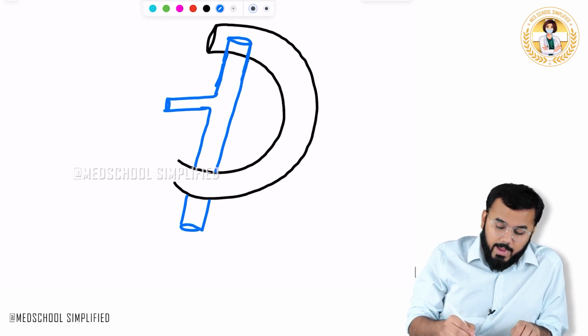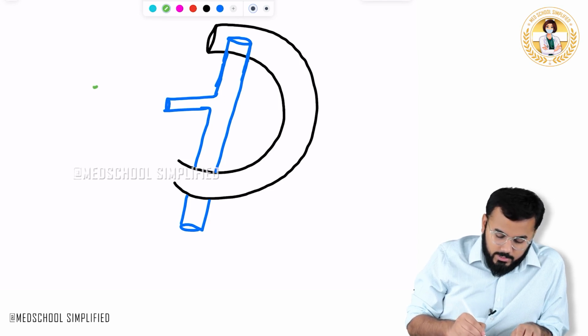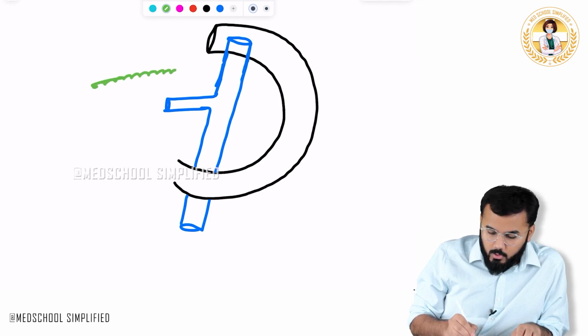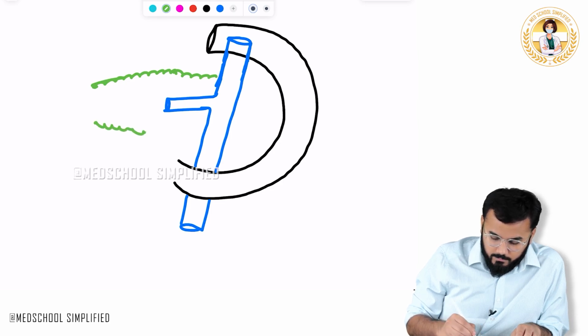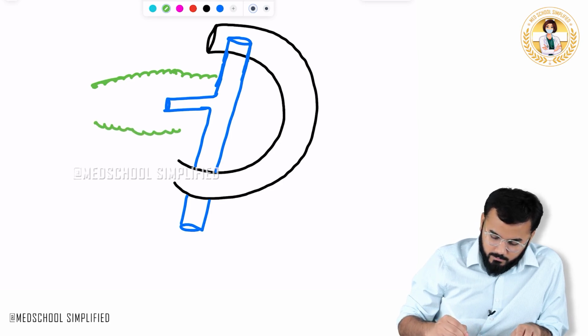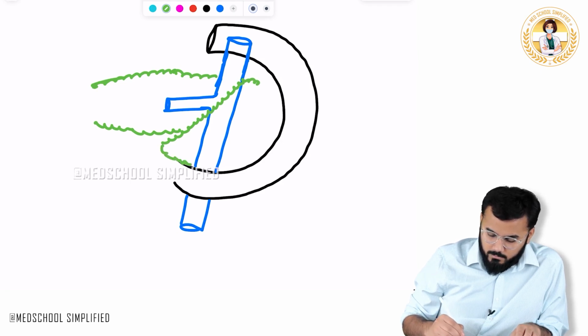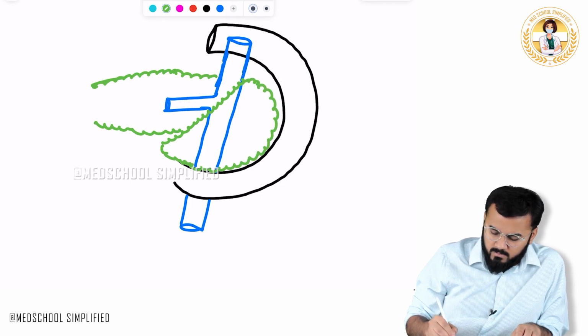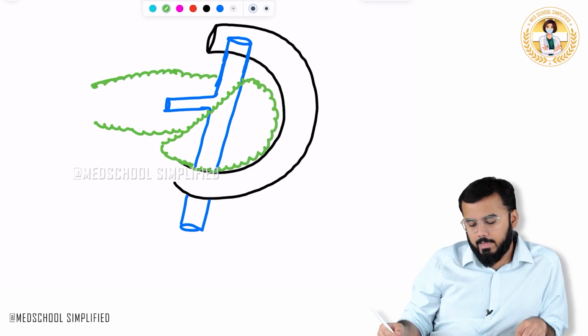Now where is the pancreas over here? This is the pancreas. So all of you look now, let us say this is the body of the pancreas. So this is your entire pancreas like this.